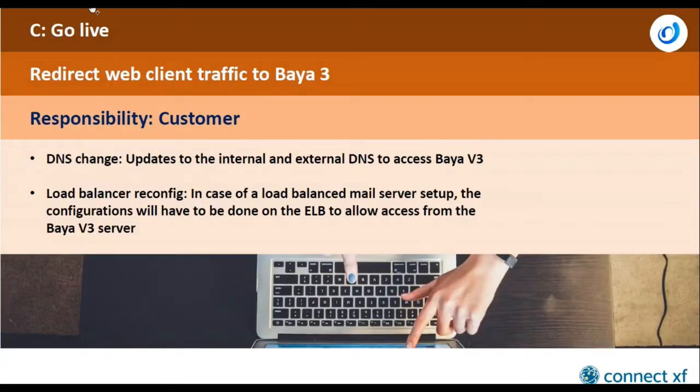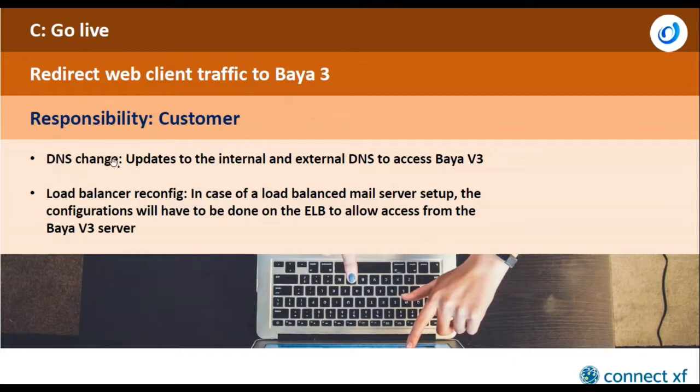Once the users are informed about the new setup, we can actually take BIA 3 live. It is very simple to take BIA 3 live. Whatever URL you are using right now, for example mail.mithi.com, to access BIA v2, you simply have to redirect this URL to the new BIA 3 server.